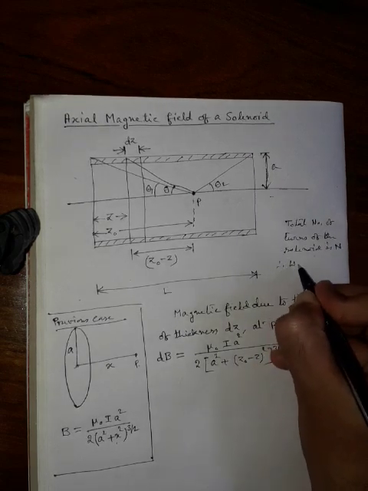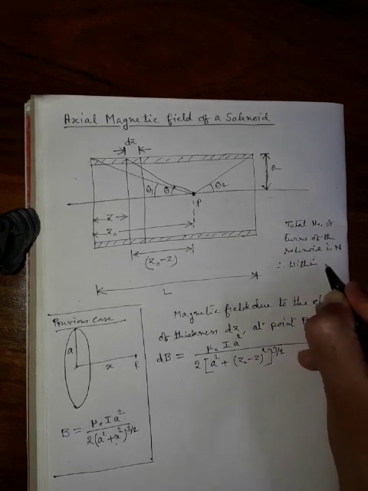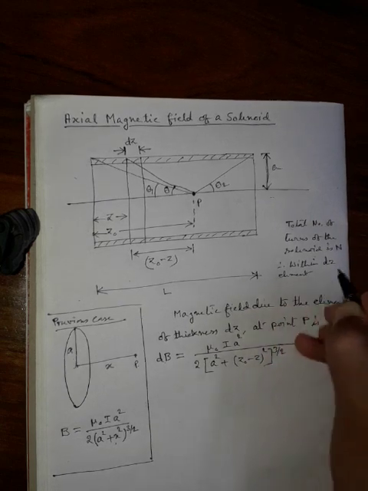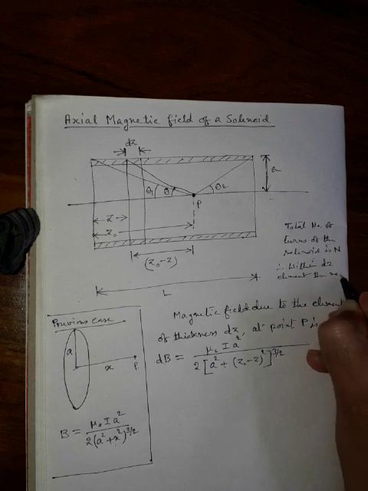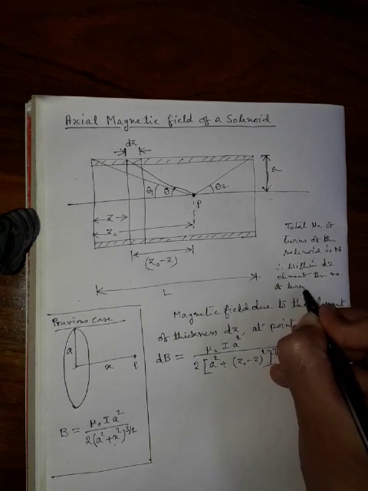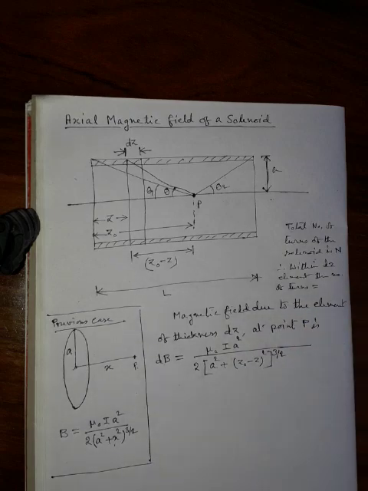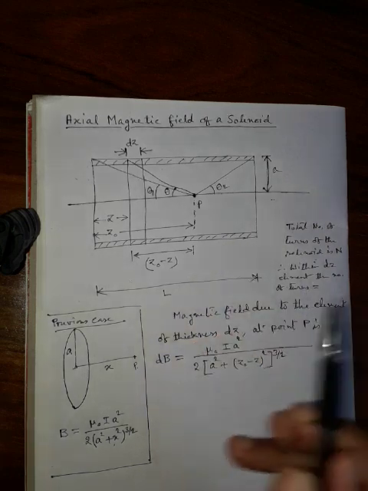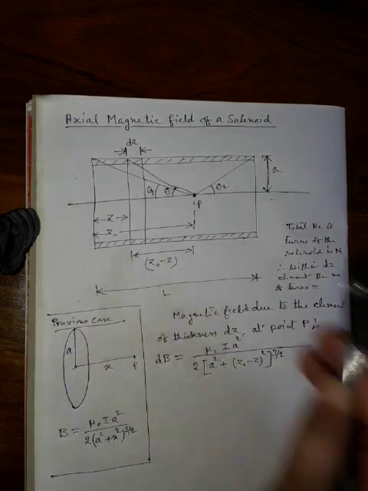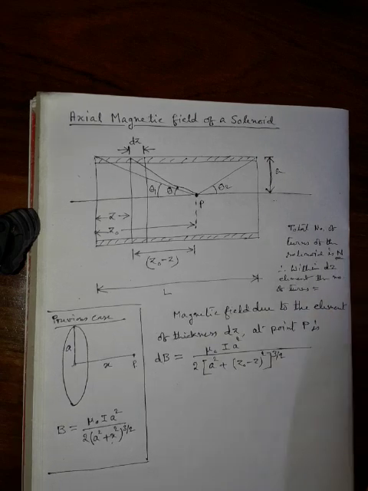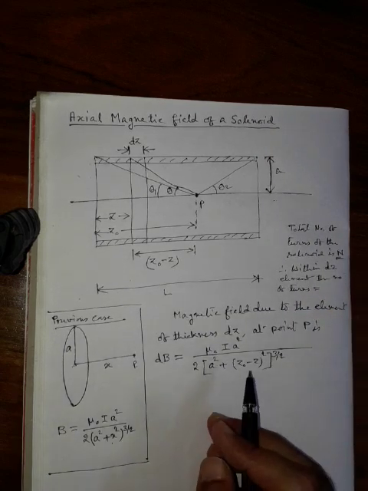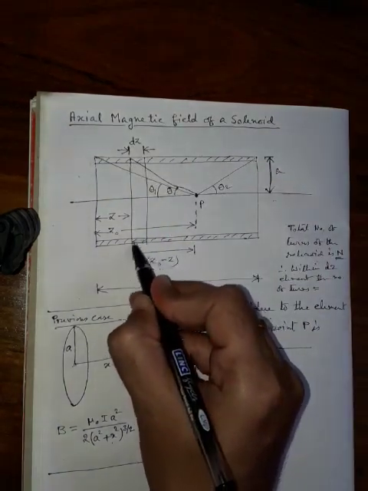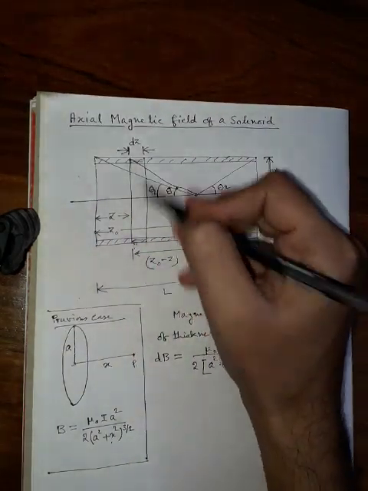Therefore, within dz element, the number of turns will be, look, the total length is L, and for the entire length the number of turns is this n, but we have to calculate the number of turns within this elementary area only, this element.